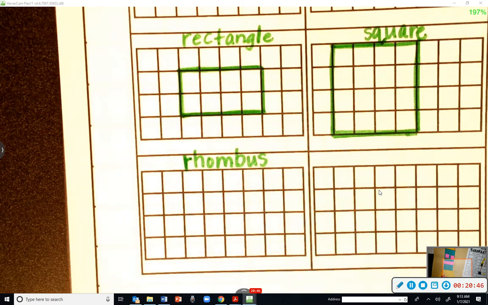Okay, so the rhombus, what does it have to have? Allie, what's one thing? It's like a diamond. It's kind of like a diamond, but the diamond does not have equal sides. Rhombus has to have 4 equal sides, right? Yes. So instead of a diamond, you go.